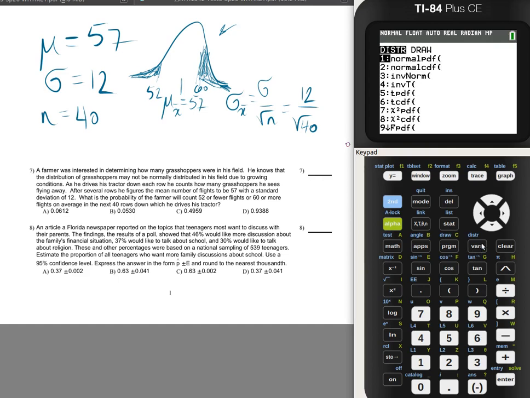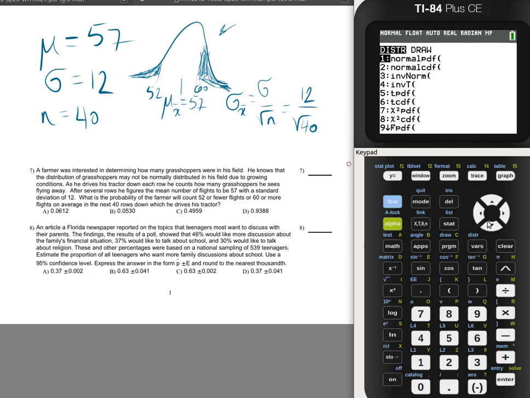So we go to distribution, normal CDF. I'm going to find the area on the left side first. The lower limit is negative pseudo infinity, going up until 52, with mean 57 and standard deviation 12 over the square root of 40. Then we add the area on the right side.